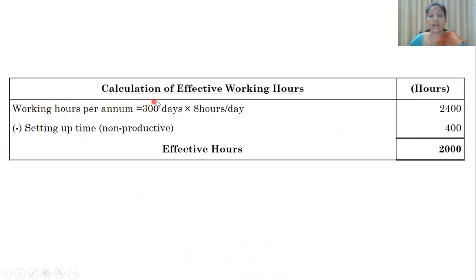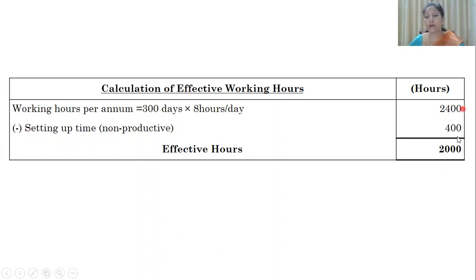See, calculation of effective working hours. Working hours per annum, 300 days into 8 hours per day, we will get 2,400, minus setting up time, non-productive. This is called setting up time or else idle time, whatever the case may be. Minus setting up time 400, as given in the problem.